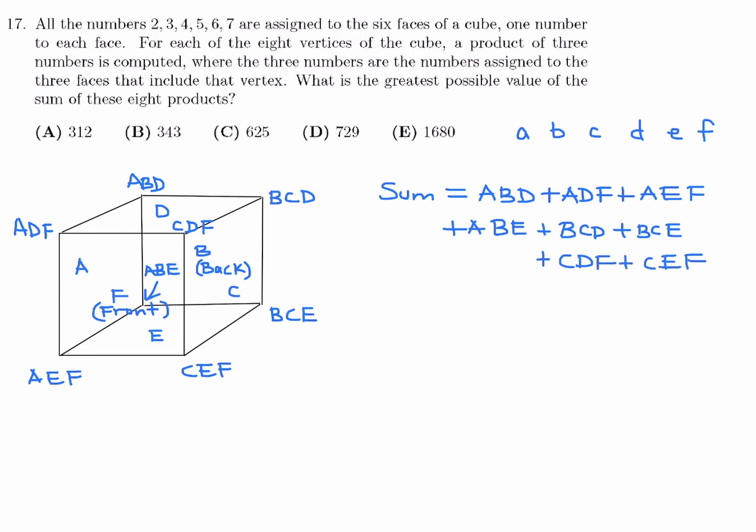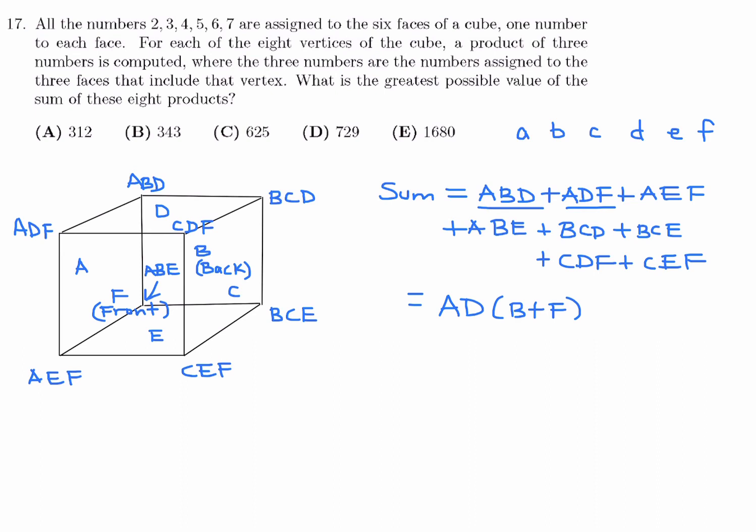Okay, so how does this help us? Well, we have to do some factoring. If I factor out an AD, I'll get B plus F from this guy and this guy.